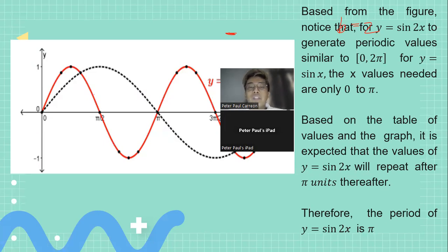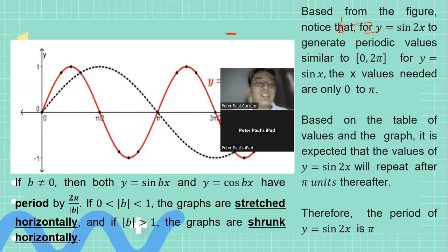So yung original function natin na y is equal to sine x, nagre-repeat siya every 2 pi radians. Pero yung nilagyan na natin siya ng twice ng angle, which is y is equal to sine 2x, naging pi radians na lang yung ating period. So nagbago yung period natin.